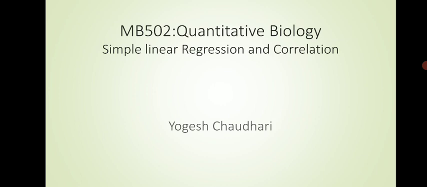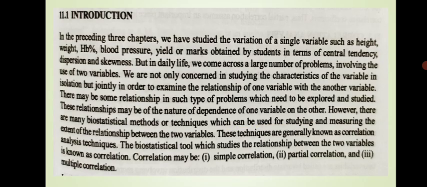Then we studied dispersion, how data gets dispersed from the central value, by various methods. Then we also covered standard deviation, and today we're going to see linear regression as well as linear correlation, or simply correlation.